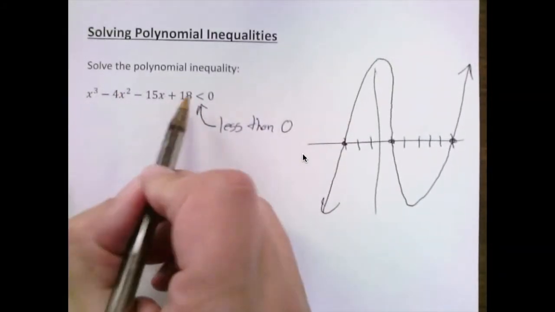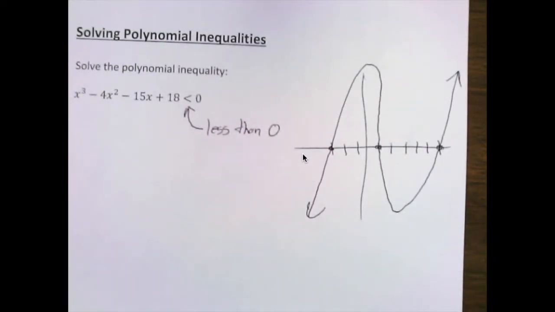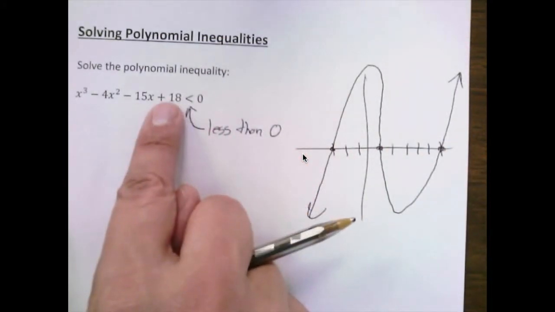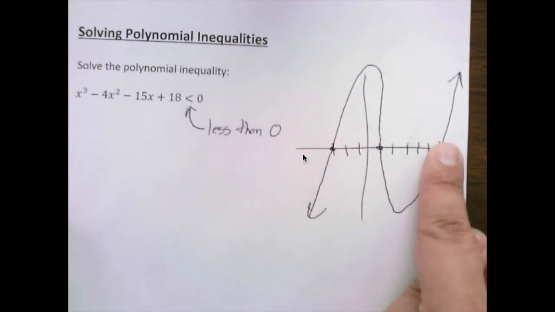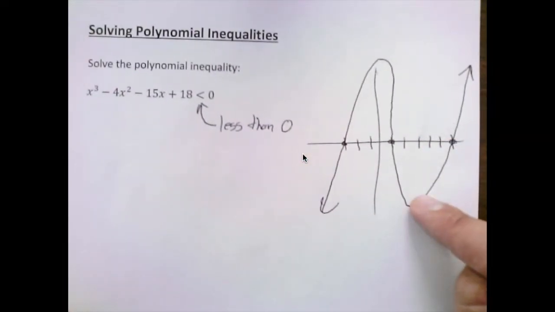So when it says this polynomial is less than 0, I just want to look at the part of the graph that is less than 0. How that works is you're going to use the x-axis, because the x-axis is when y is 0. So we're trying to figure out, when is this polynomial less than 0? Well, all parts of the polynomial that are less than 0 are below the x-axis.